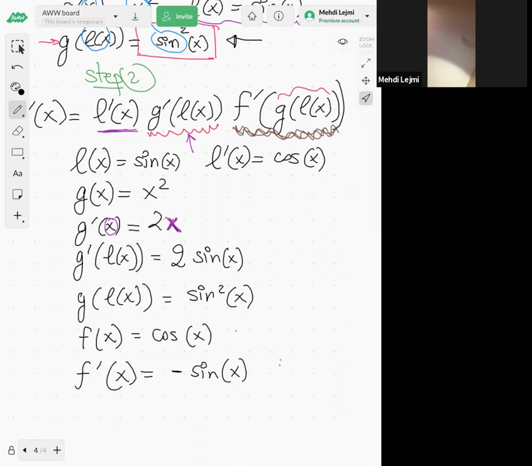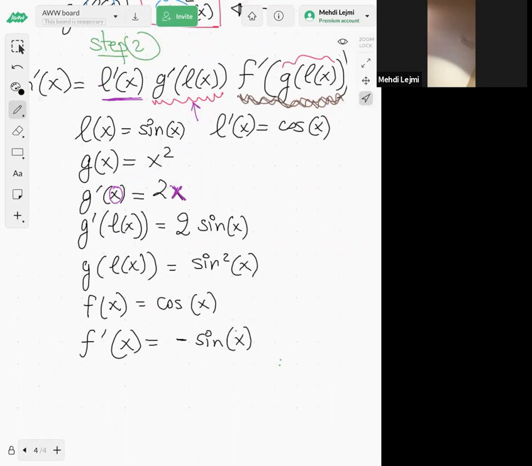So we need f prime of g of l of x. We need to substitute x. This x here, we need to substitute by the g of l of x. So it's minus sine of g of l of x. What's g of l of x? We just said that g of l of x is sine square. So it's minus sine of sine square of x.